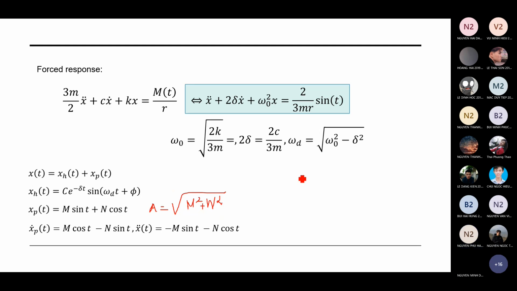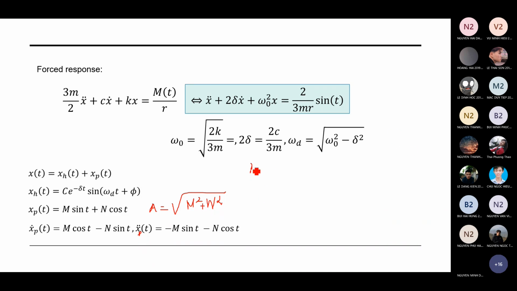We should have the system of equations with the two variables m and n, or a and b. For example, we take h_p, h dot p and h double dot p and substitute them into the equation of motion.